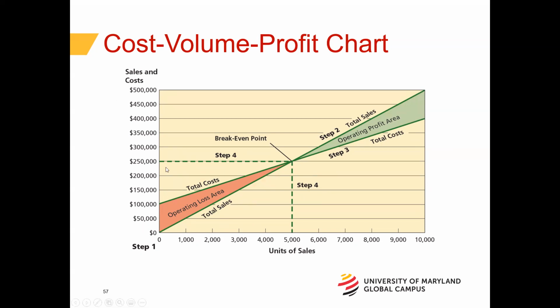I might ask you, where's the point of break even based off of this graph? Well, we can see sales and cost 250,000, 5,000 units is my break even point. If I want to generate profit of whatever, you get the point.